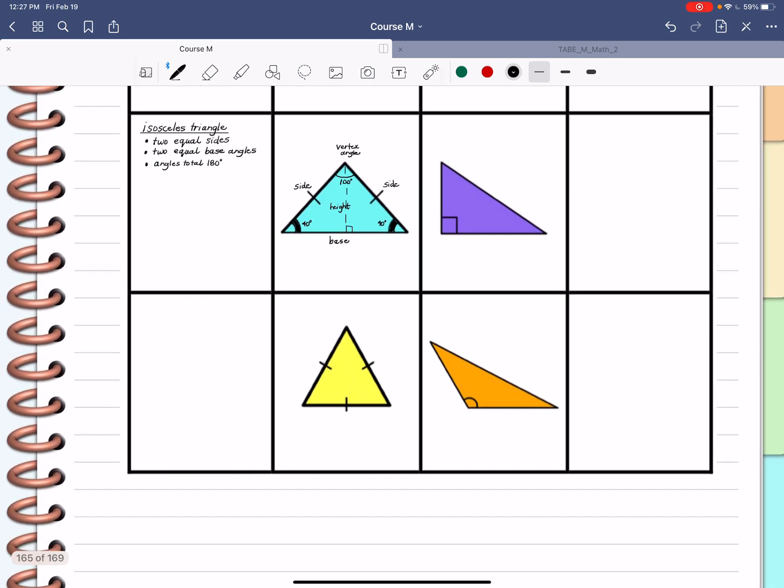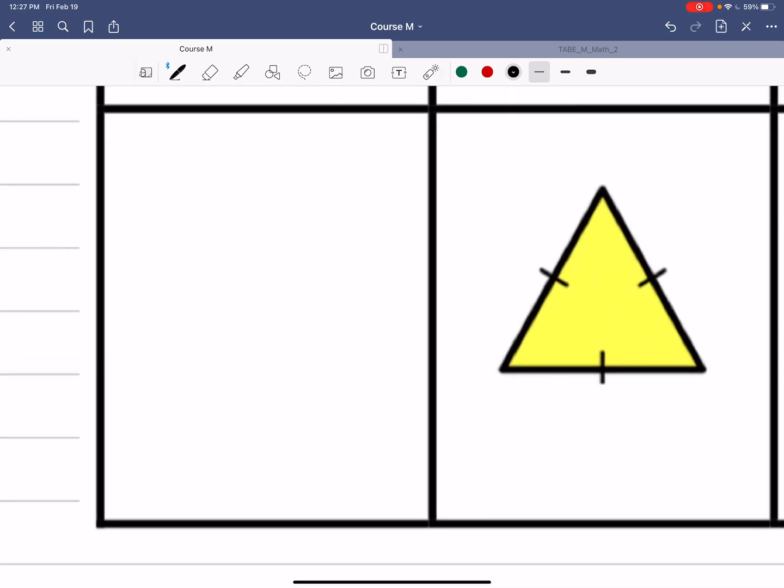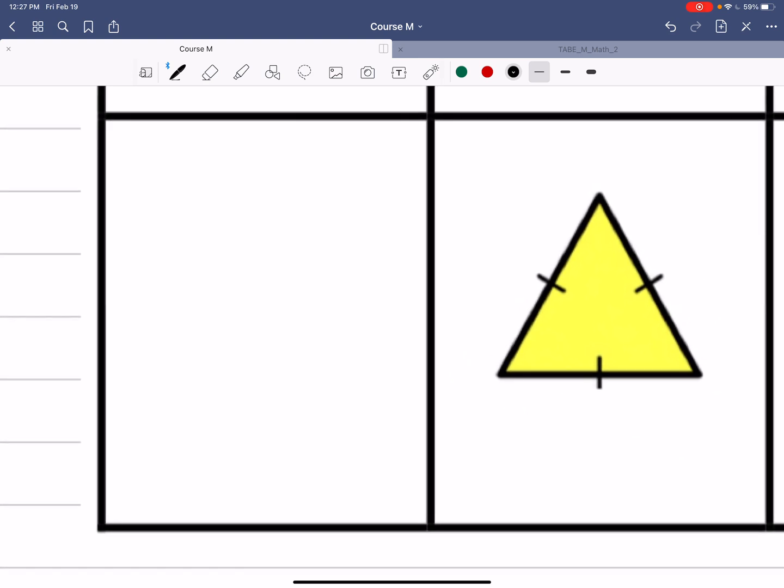Okay, finally, what is this picture saying to me? That all sides are equal. This is a regular triangle. So if it's regular, it is equi, which means all the same. Lateral is side.